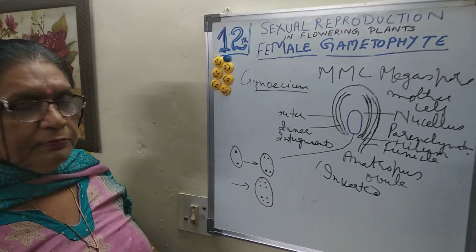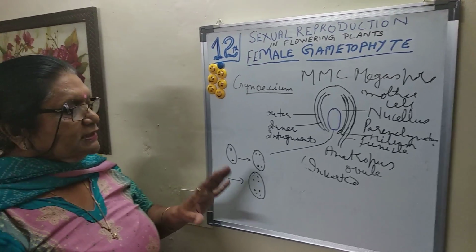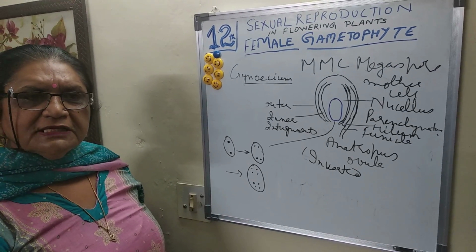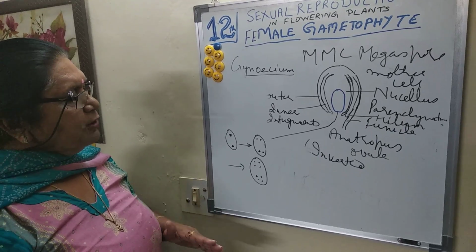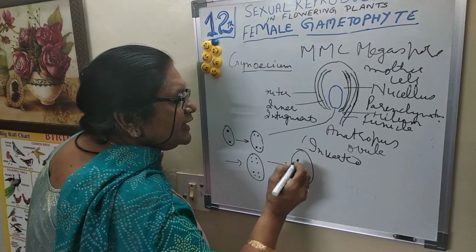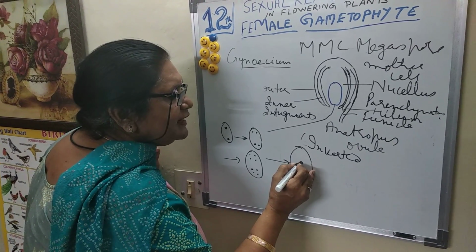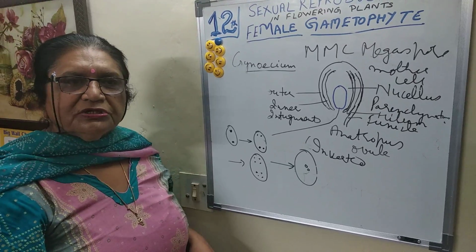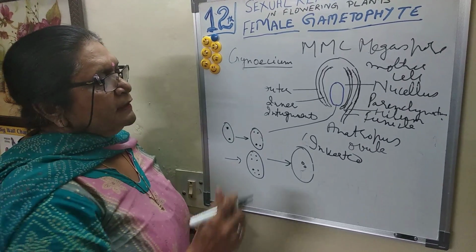It means a total of eight nuclei are formed. Out of these eight, two migrate to the center and the rest form the structures on both sides.